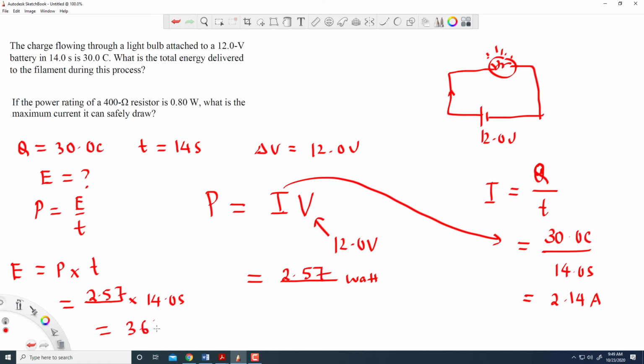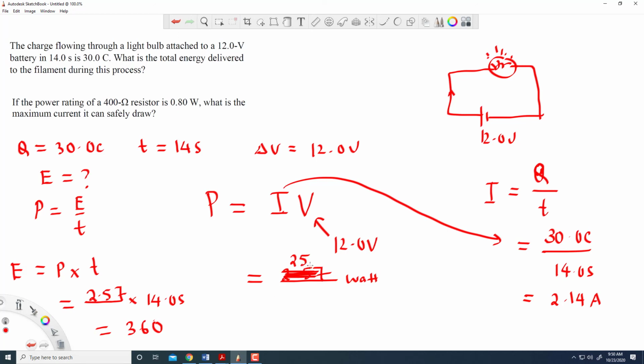Huh, is that 25? Oh yeah, 25. Sorry, maybe my calculator has scientific format, so I forgot the 25 watts.